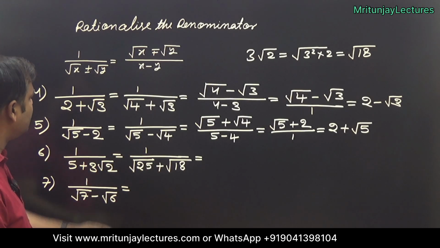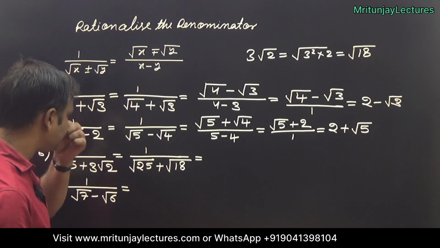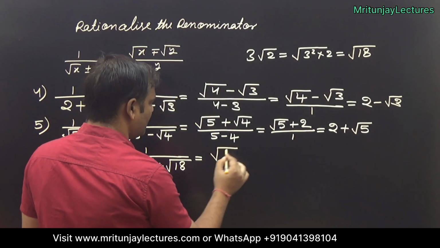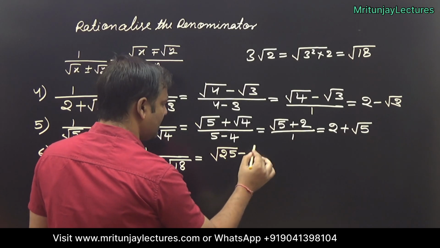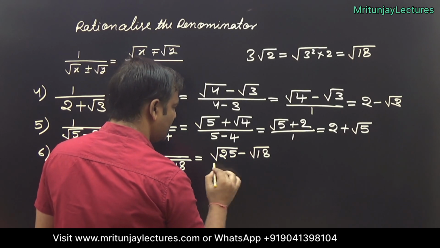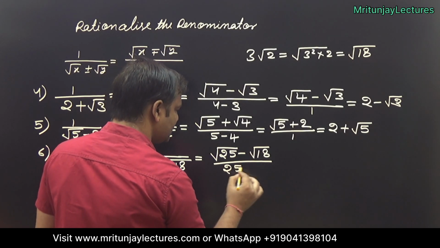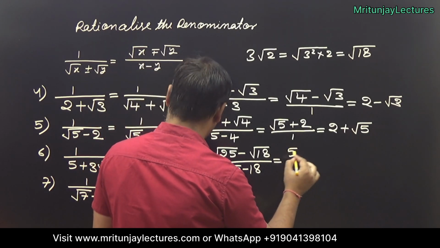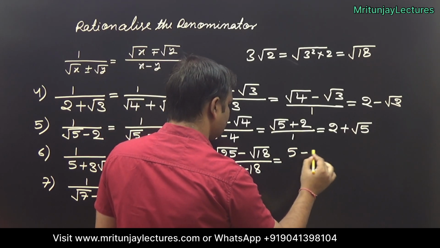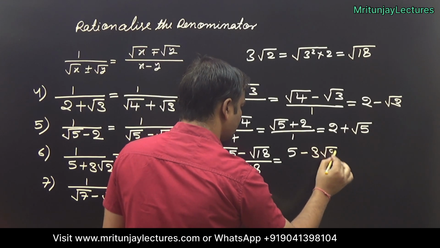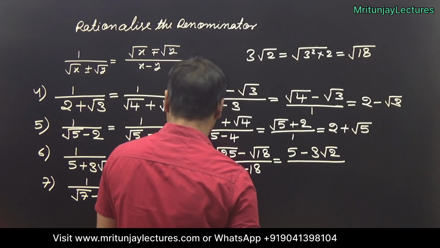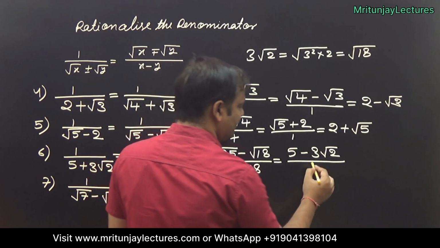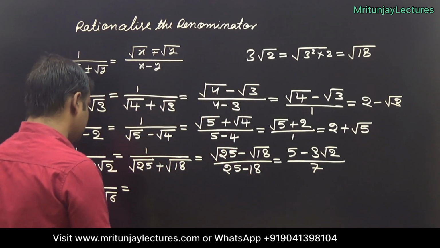After that, here plus, so if you use that formula, we write root 25 minus root 18 divided by 25 minus 18. So that is 5 minus 3 root 2, divided by how much? 25 minus 18, that is 7, is the final answer.